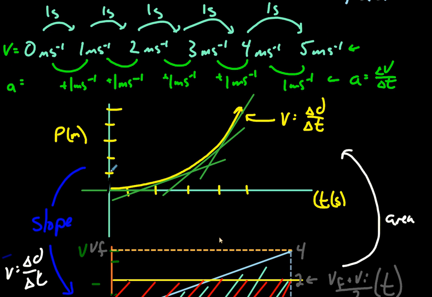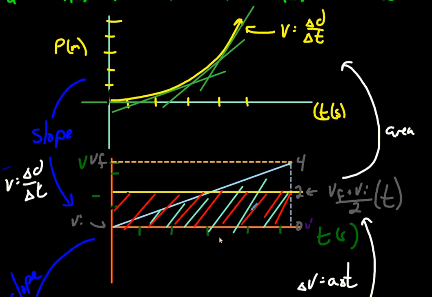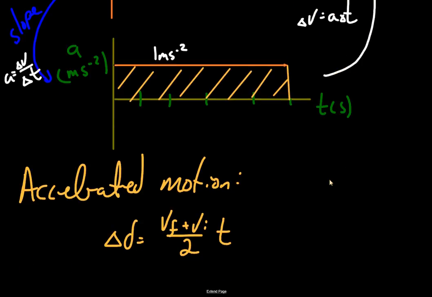It's how far I went on this graph right here while accelerating. And I did that by finding the area under the velocity time graph. So the area under the velocity time graph, when you have a slope on it, is found using this method right here.